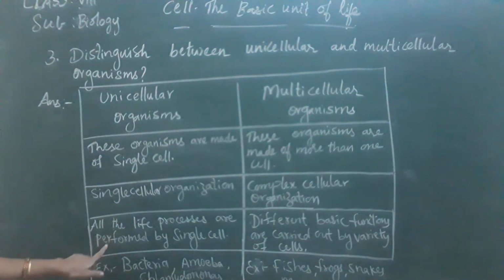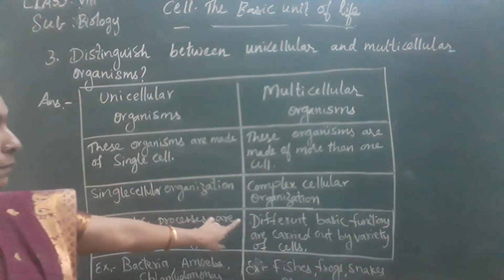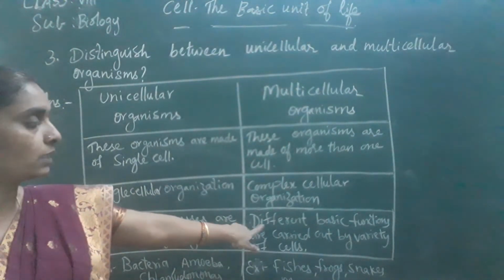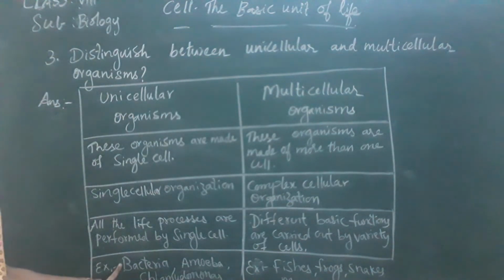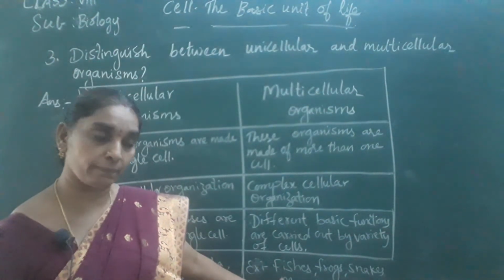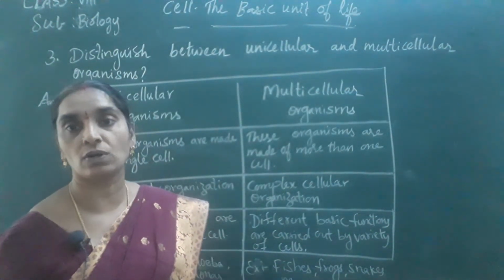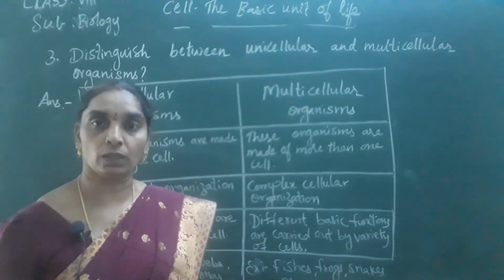All the life processes are performed by a single cell in unicellular organisms, and in multicellular organisms the different basic functions are carried out by a variety of cells. Bacteria, amoeba and chlamydomonas are examples of unicellular organisms, whereas multicellular organisms include a variety of plants, fishes, frogs, snakes and man.